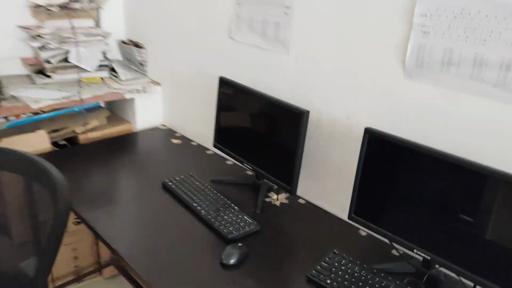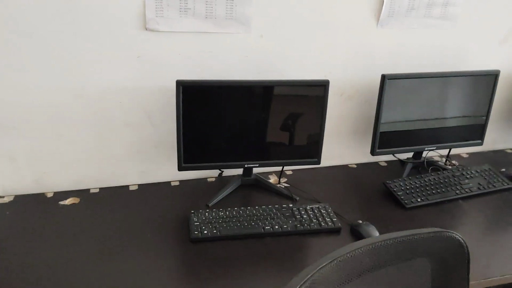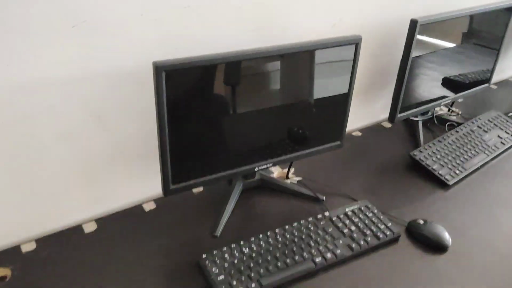What I have in this class is all these computers here, as you can see, and the number of the computers is 5. This is one of the computers which has some elements attached to it.